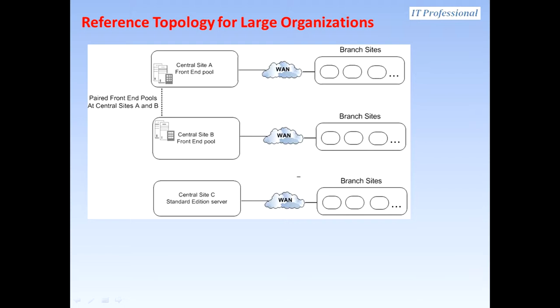Each of these two front-end pools has 6 servers, which is enough, for example, for all the 40,000 users in both pools in case of failover. We also have central site C, which will run standard edition server. We will see that in detail later.